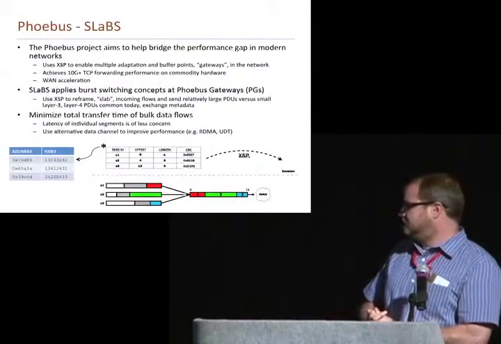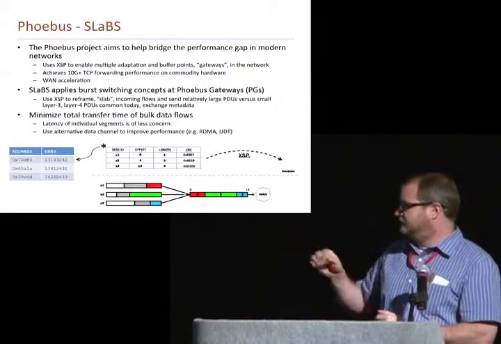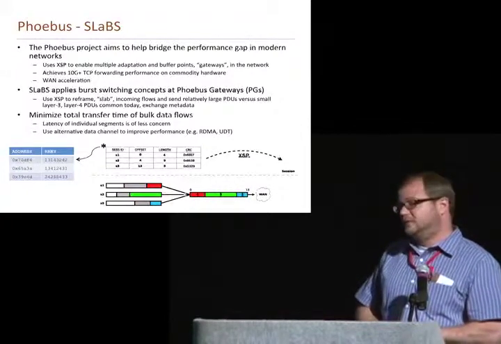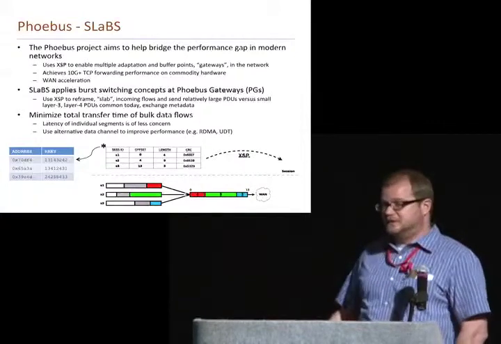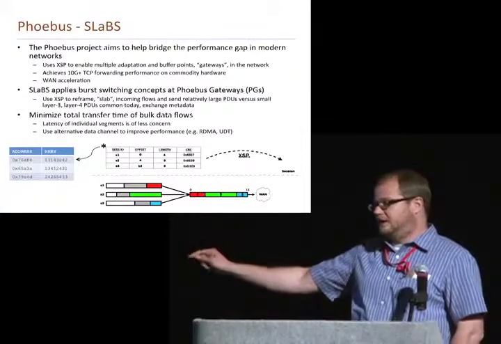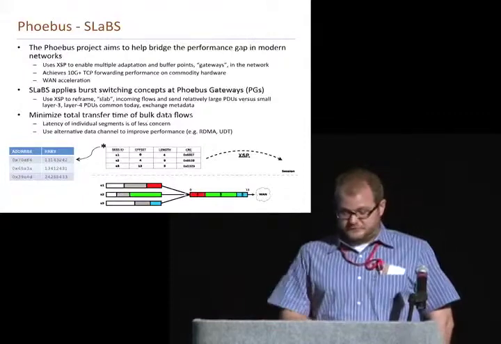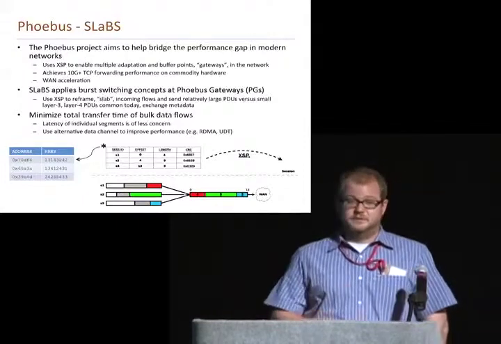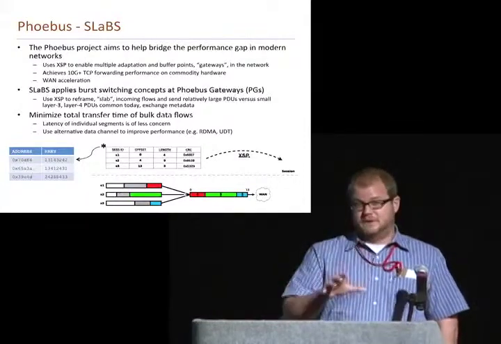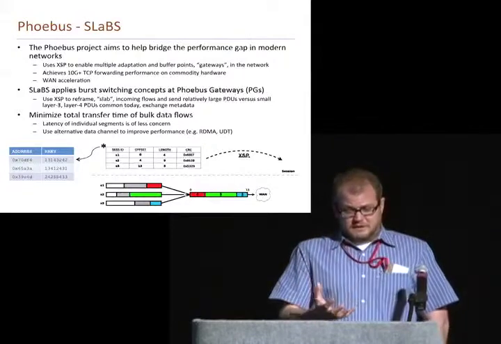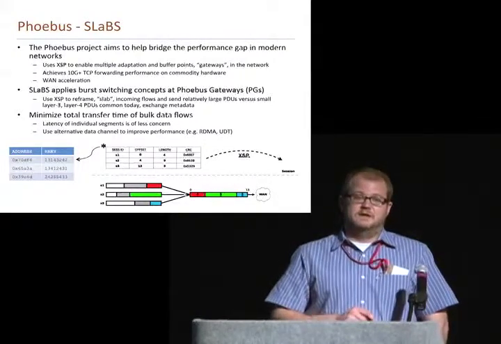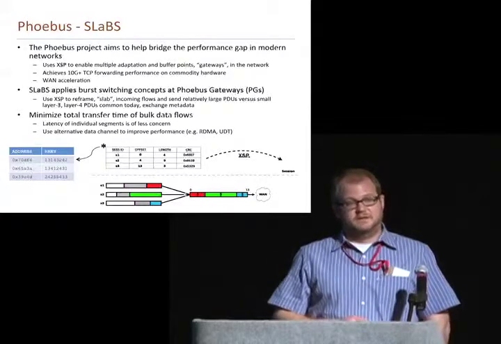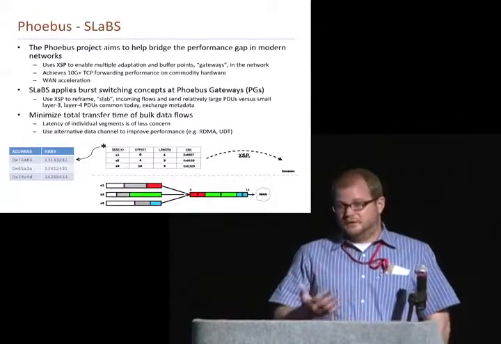What we're going to show today is minimizing the total transfer time of bulk data flows. This talks a lot about IP networks, but it's interesting to note that it doesn't require IP to be used in the core of the network. An end host is making a traditional TCP/IP connection, and in the core of the network, the Phoebus gateways are translating that to a lower layer or different protocol.